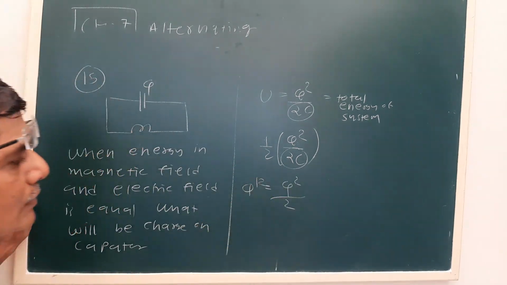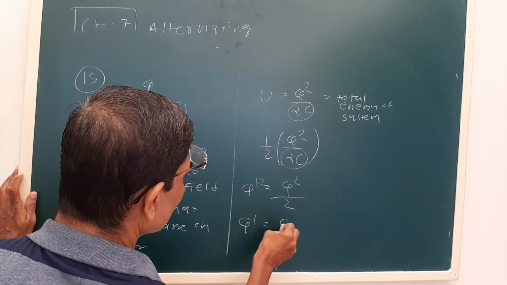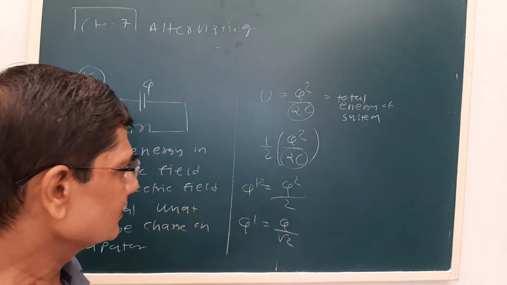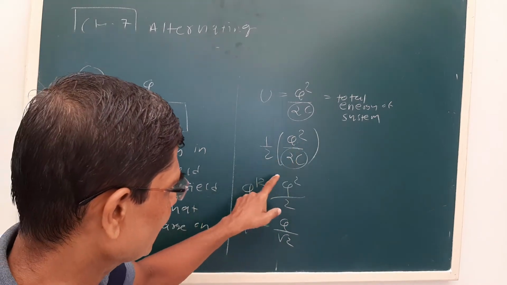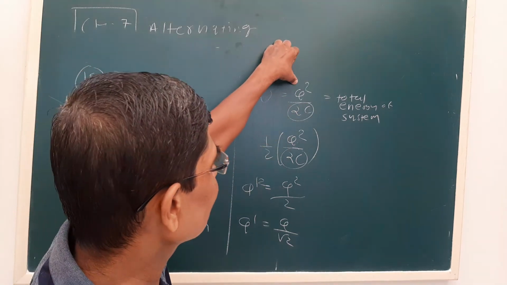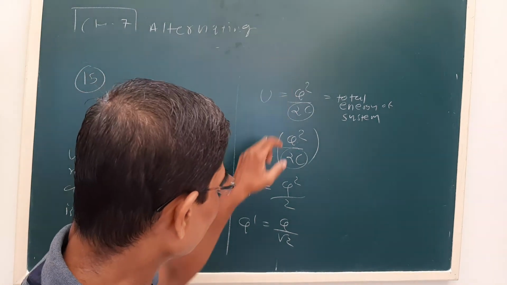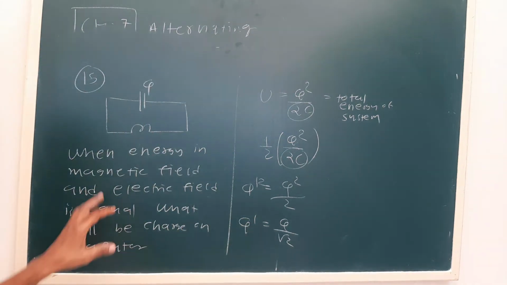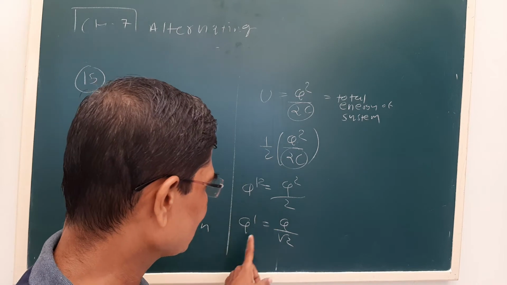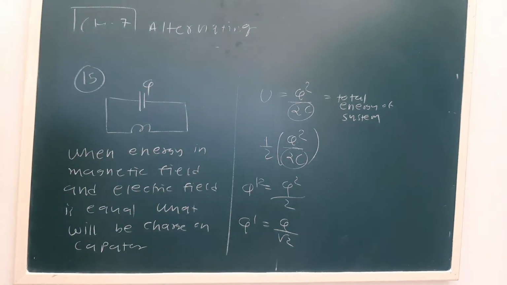This is by comparing the energy. So just to differentiate, initial charge we have taken Q, and the charge when both energies become equal we have taken as Q dash. So if I take the square root, we get the value as Q upon root 2. Okay, so this is how we can solve this MCQ number 50.